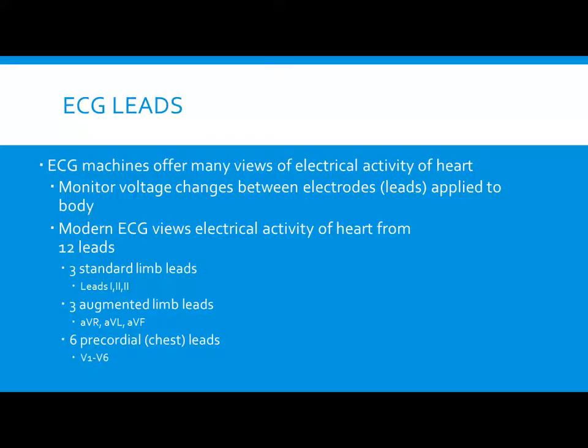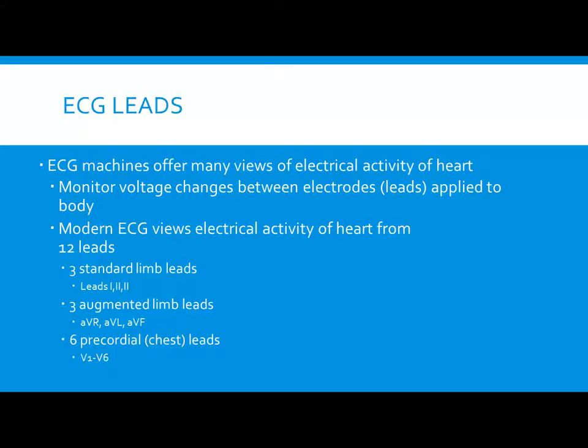Then you go into what's called unipolar leads. Let me back up. Standard limb leads are called bipolar leads because they depend on two poles, a positive and a negative, and they are created by the leads themselves. Unipolar leads, AVR, AVL, and AVF, also known as augmented leads, are going to depend on what's already there to create the negative, and they're going to have a positive.